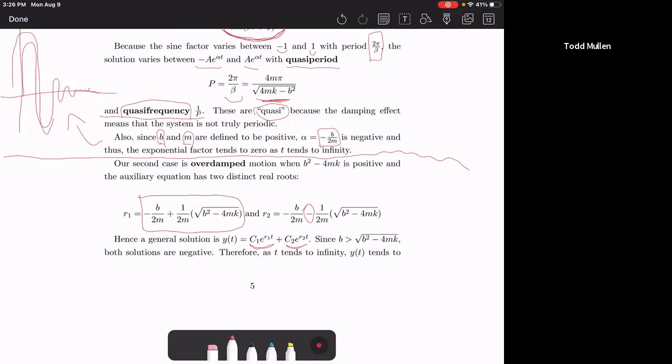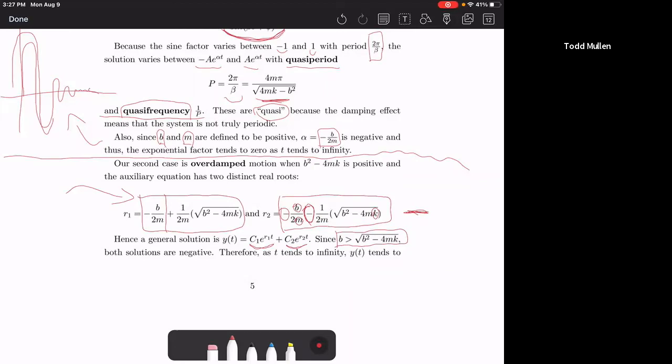Now, here's something to think about. Are these roots positive or negative? Well, since b and m and k are defined to be positive, then this is clearly a negative value minus a positive value, which is just going to give you a negative value. But what about r1? We have some negative value plus some positive value. So it's not immediately clear whether this is positive or negative, but we know that b is greater than the square root of b squared minus 4mk.